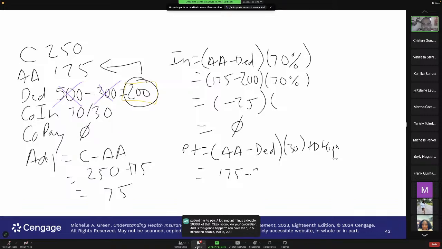You have the same problem now. So what are you going to do? You're going to pay the deductible. And the deductible in this case is more than what you need to pay. So you can do the calculation completely, and you put 200 of the deductible plus 0 copayment here.